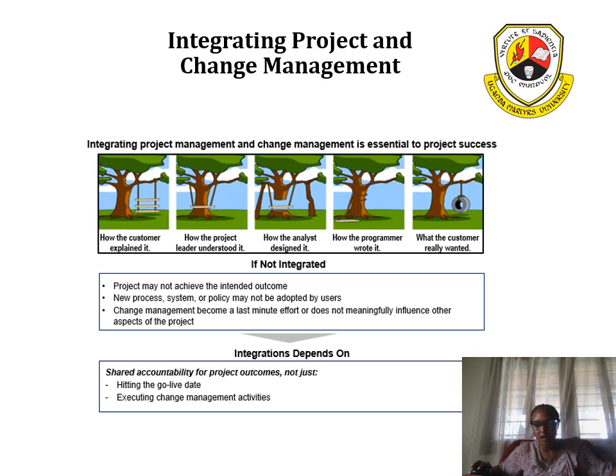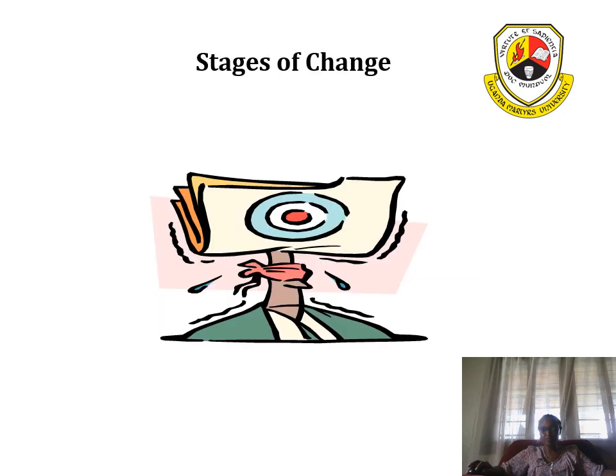Like all human beings, our communication is not always effective. This is how the project lead understood what the customer wants. This is how the analyst designs it. This is what the programmer comes up with. But this is essentially what the customer wanted. So we want to avoid those situations.